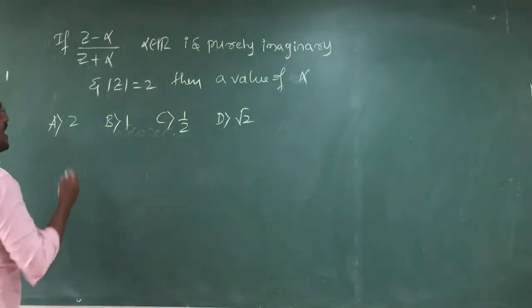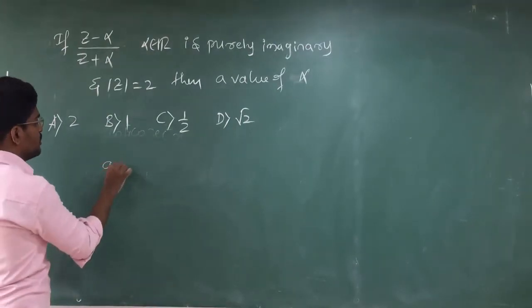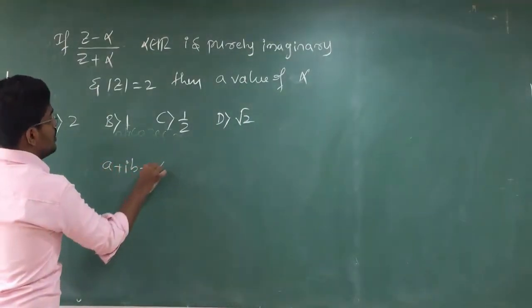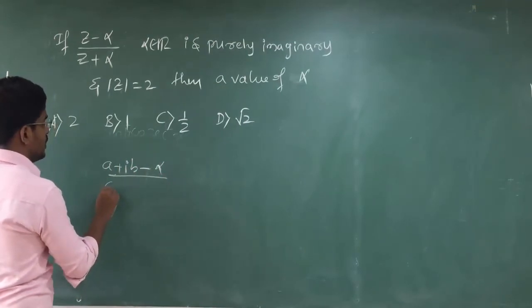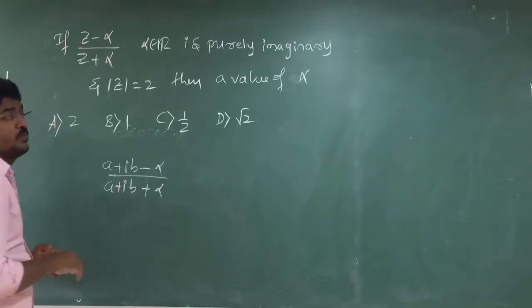So therefore I will put z as a plus ib, that is a general complex number. A plus ib minus alpha divided by a plus ib plus alpha. This will be my complex number.